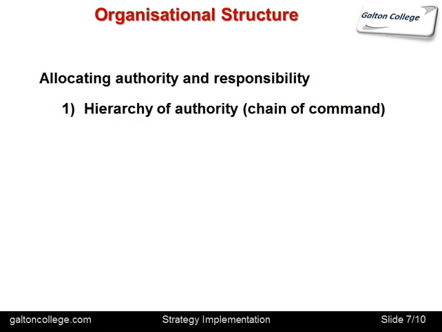There is a hierarchy of authority, which is the chain of command. Who's above who? Who answers to who? So as you go up the chain of authority, a bit like the tall organization, as you go up the organization, each manager at a higher level is responsible for more and more underneath. But underneath, there will be managers who are responsible for different parts again.